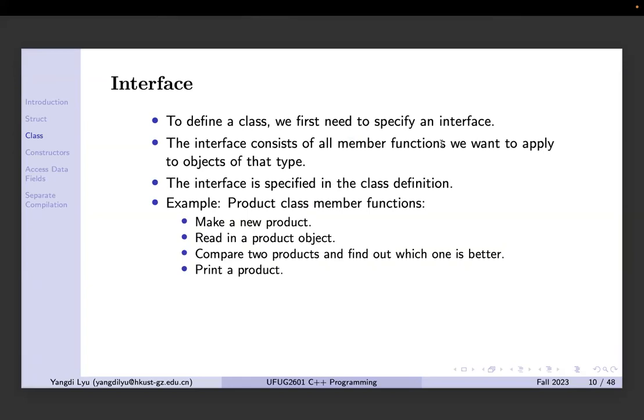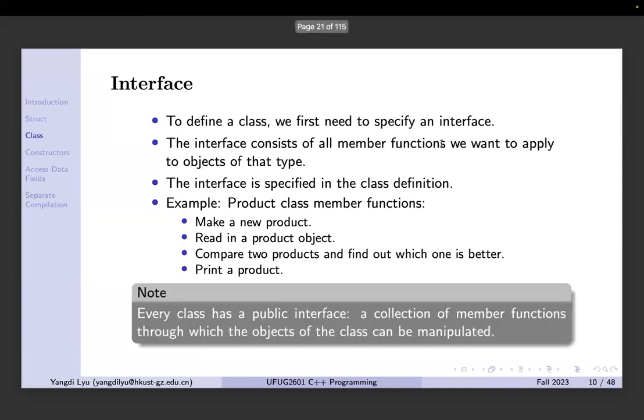For example, in our computer product class, we can define something like making a new product, reading in the new product object, comparing two objects to find out which one is better, and also printing a product. These are the interface we can define for this class.